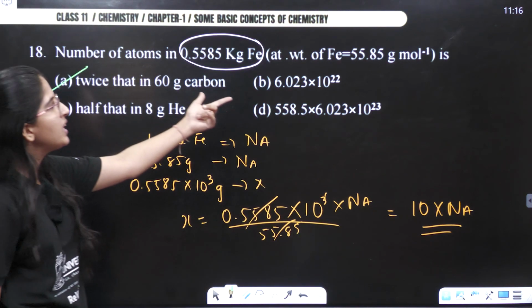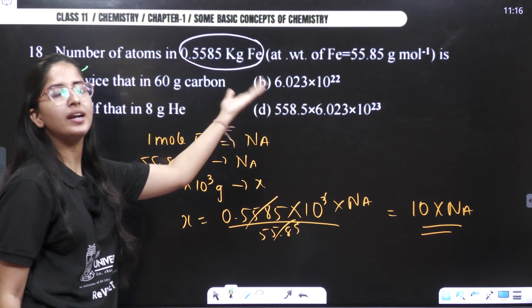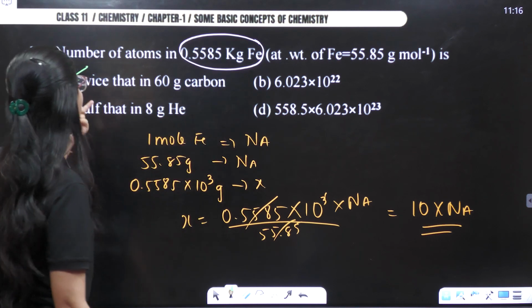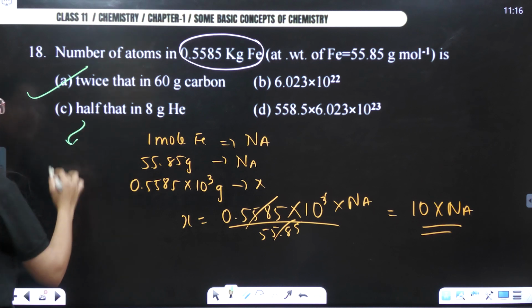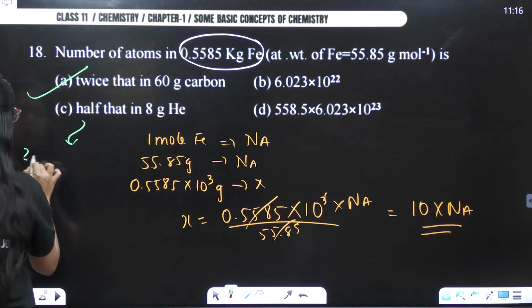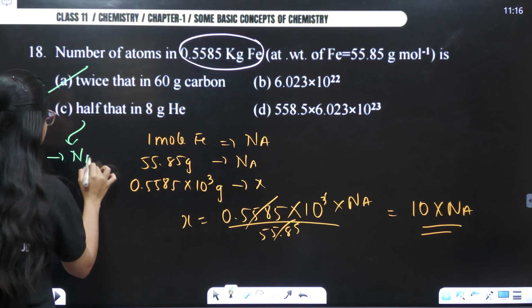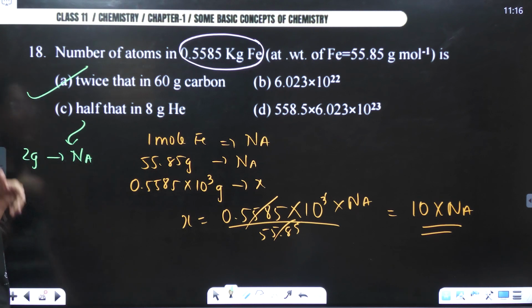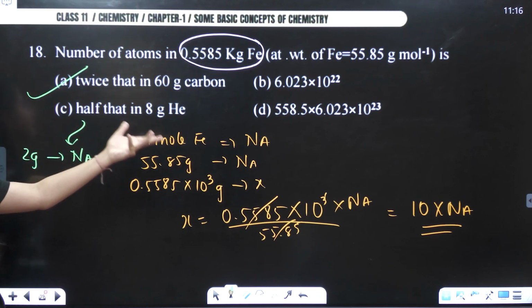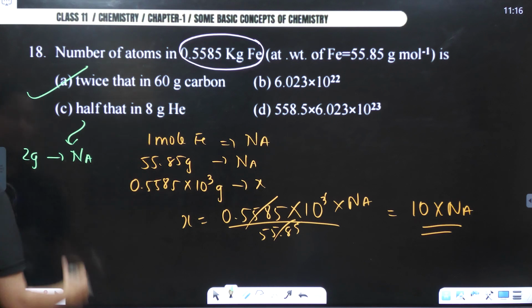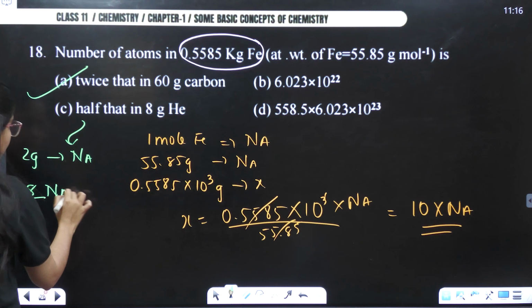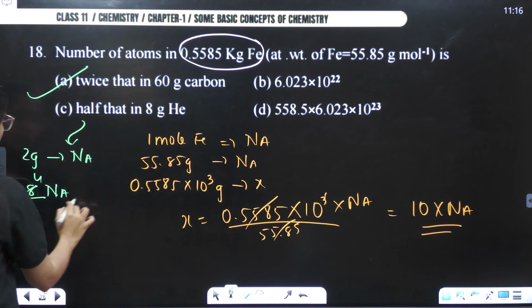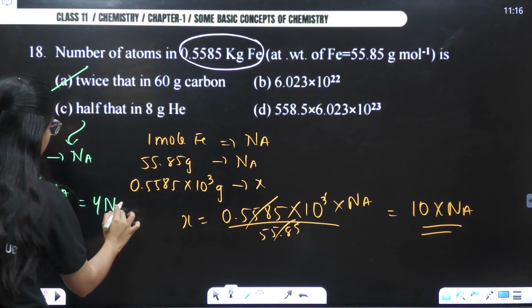Option B is saying Avogadro's number divided by 10, which is wrong. Option C says half that in 8 grams of helium. If you talk about helium, 2 grams of helium will have Avogadro's number of atoms. Correct? So how many atoms will 8 grams of helium have? 8 divided by 2 is 4 Avogadro's number.